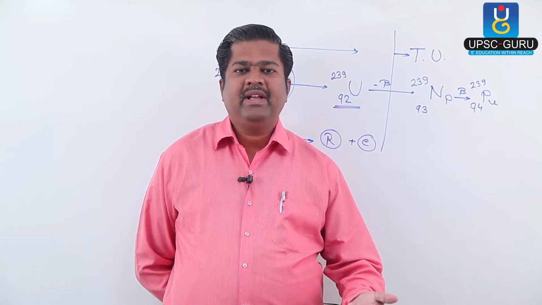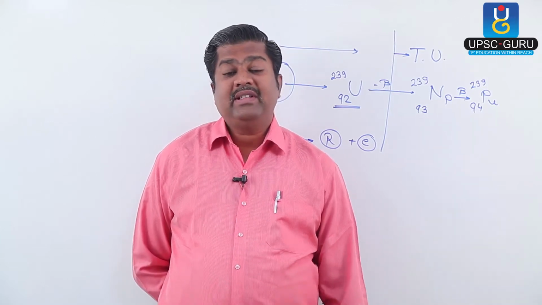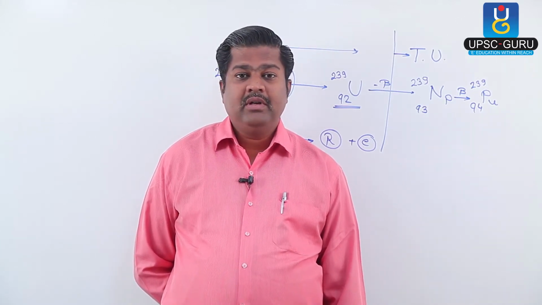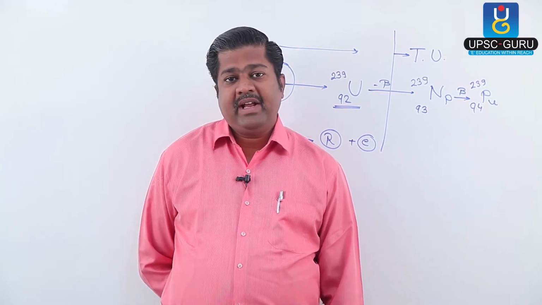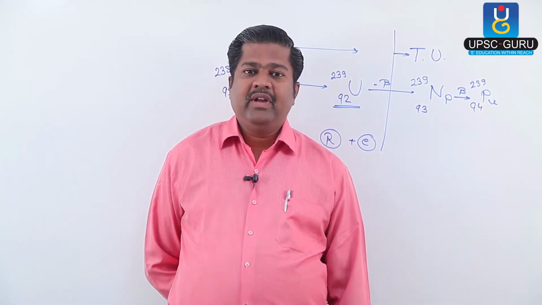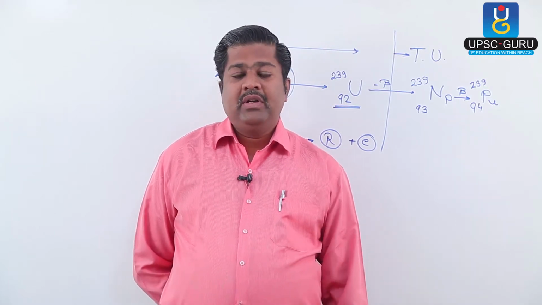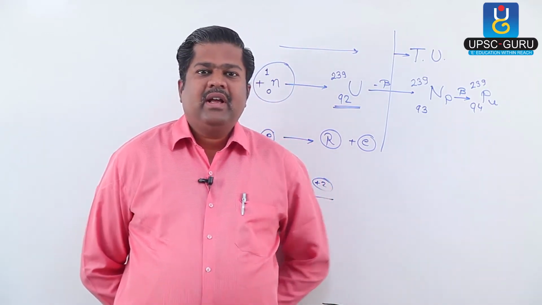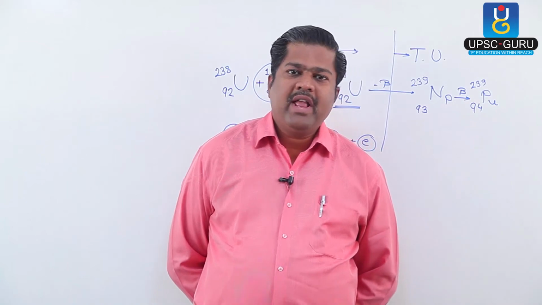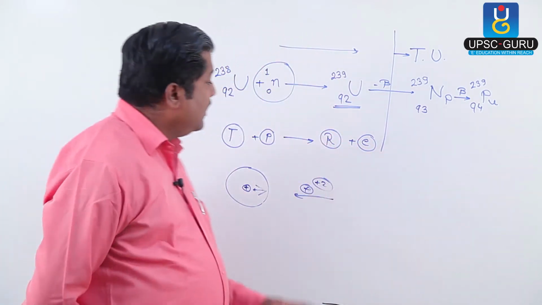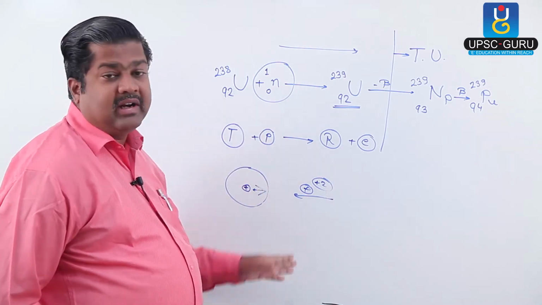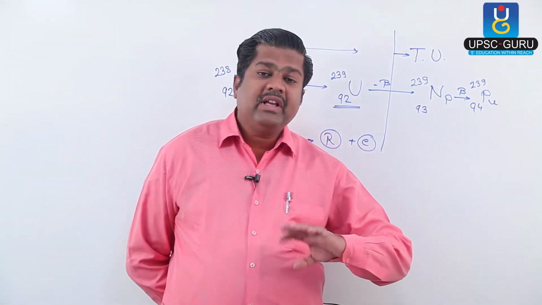Early means less than atomic number 82, that is lighter elements; that is also possible. For example, we can make carbon radioactive, oxygen radioactive, phosphorus radioactive. Like that, various elements which are non-radioactive, we are able to make radioactive by using various particle accelerators and projectiles.